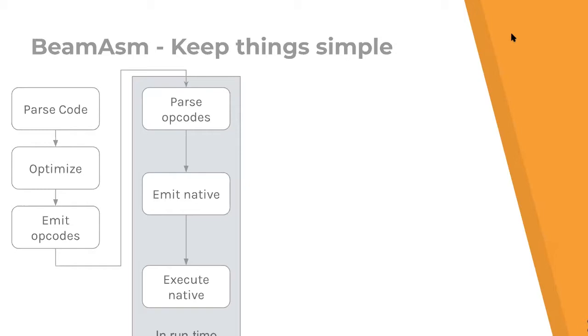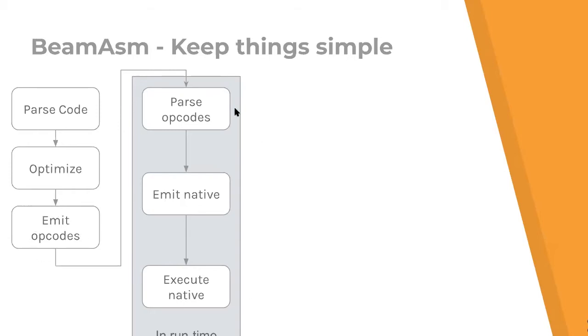The basic solution is that normally in the interpreter, we would parse the .beam files that you compile. On this image here, we can see the compiler working. It parses the code, optimizes it a bit, and emits the beam files over here.